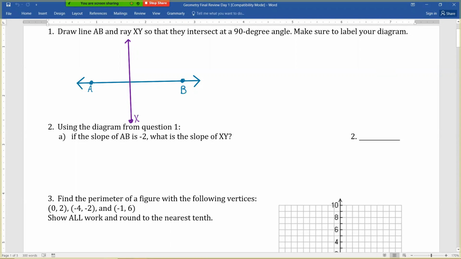I'm going to say that's X, and somewhere up here I'm going to put Y. So there's ray XY. I'm going to put my little box in here that says, hey, this is a 90-degree angle. It's a perfect corner. So there's line AB, ray XY that intersects at a 90-degree angle. So really 2 perpendicular lines. That's it for question number 1.